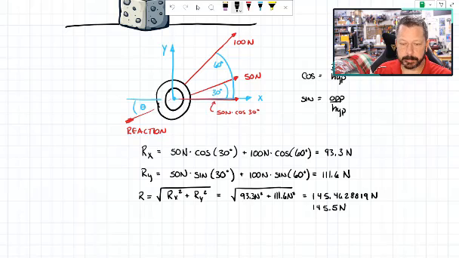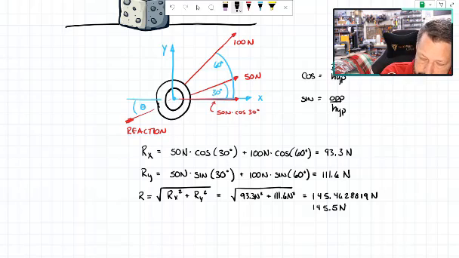Like I said earlier, I can't just add 100 newtons and 50 newtons together and get 150 newtons. I actually get 145.5 newtons because they're not in the same direction. They're in 2 different lines of action. To figure out the angle that they're acting at, you just do theta equals inverse tangent of Ry over Rx.